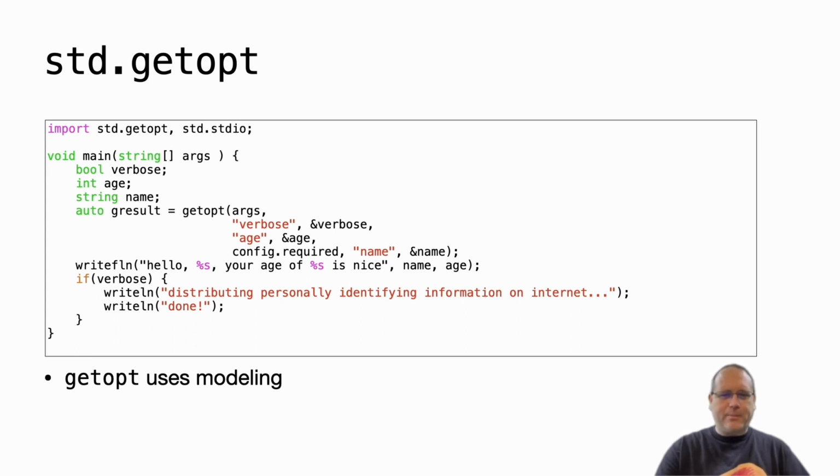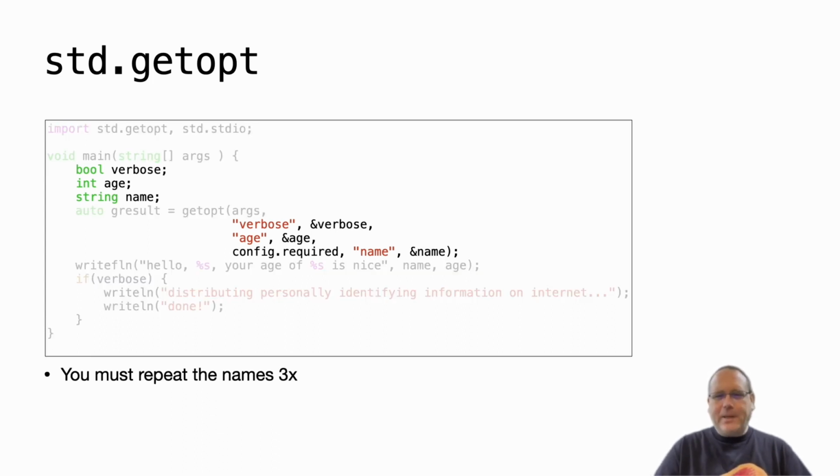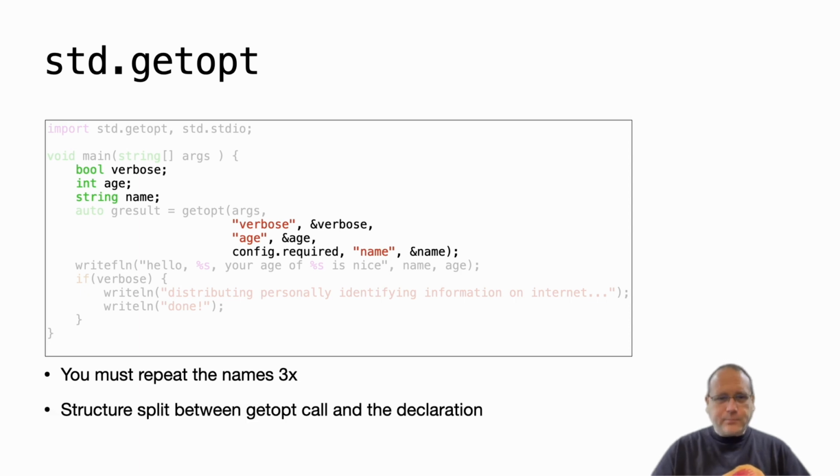But there's some problems here, right? First of all, you have to repeat the names 3 times. So you see verbose, age, and name repeated 3 times. First to define the variables, then to specify the option name, and then to link that to the actual variable. So that's kind of annoying. We also see the structure is split between the getopt call and the declaration.